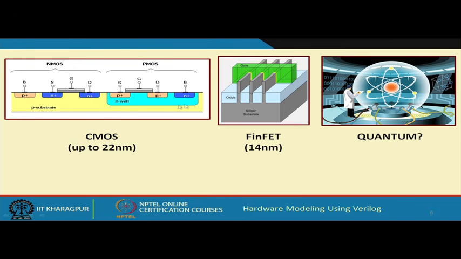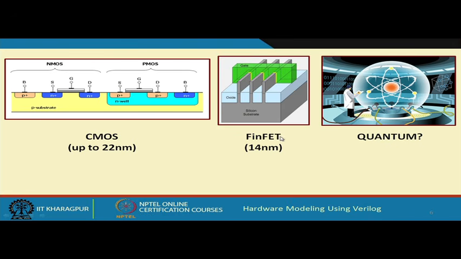This is traditional CMOS fabrication, but there has been some very innovative kind of CMOS designs also. There is something called FinFET, where the gate, drain and the source are stacked vertically instead of horizontally as in the traditional case, and in this way you can pack transistors in a much smaller area.